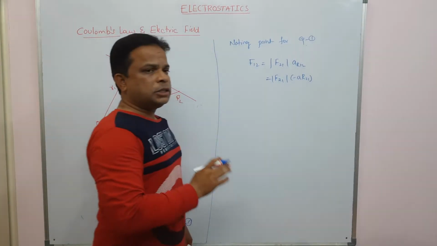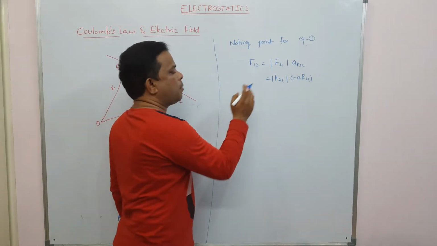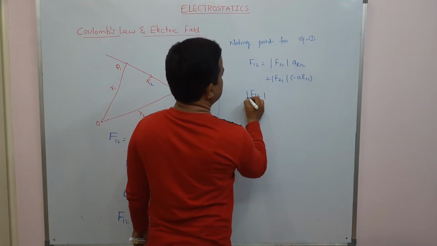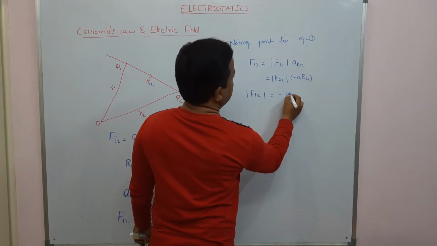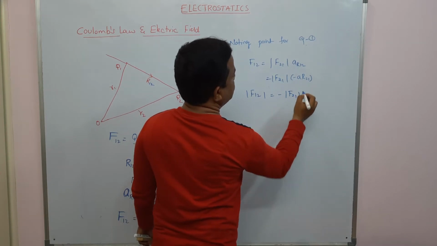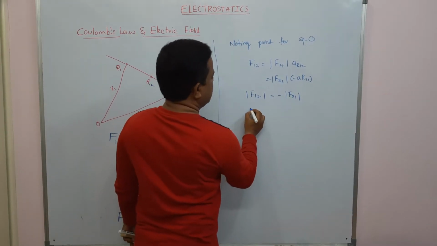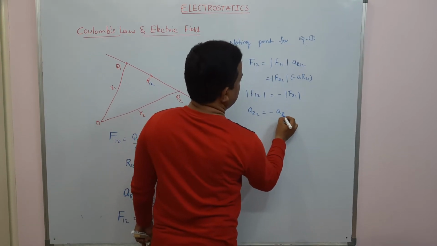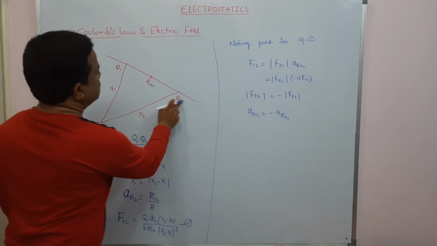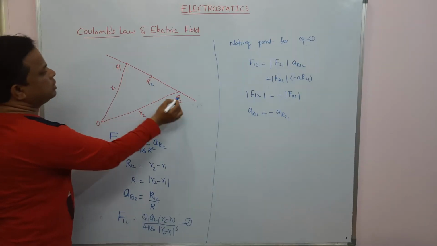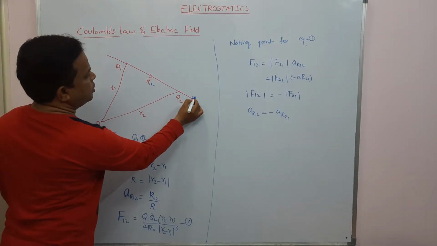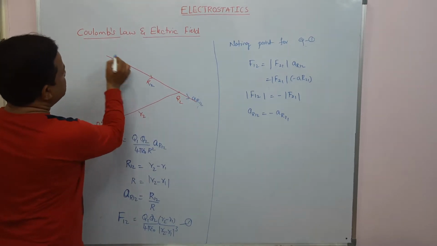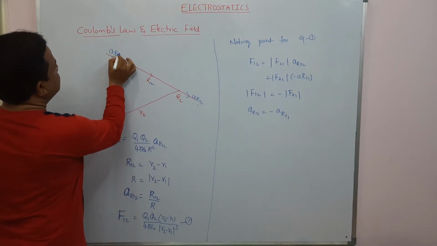So these two forces are exactly opposite, F12 is opposite to F21. This is the direction AR12 and this direction is AR21.